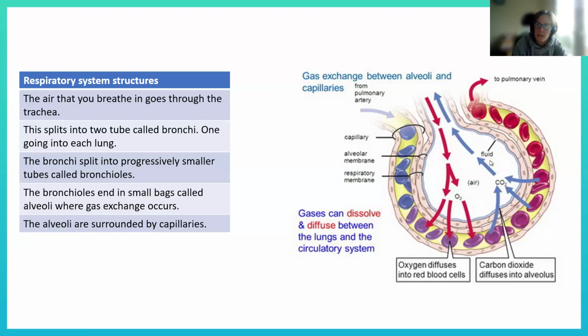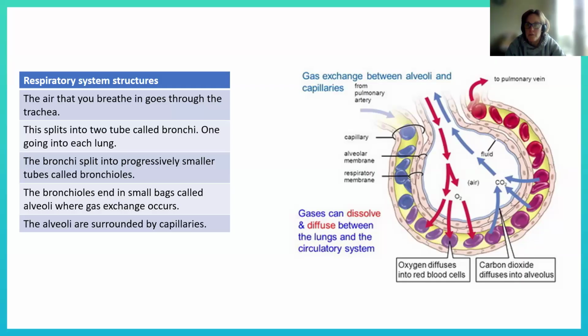And that's what this continuous flow of blood with this really good blood supply does. It maintains the concentration gradient. It keeps it like this. So as soon as the oxygen diffuses across into the blood, and you think, oh, we might be reaching equilibrium, that blood moves away. So the concentration gradient is maintained. So there's a constant concentration gradient by this big flow of blood over these capillaries.